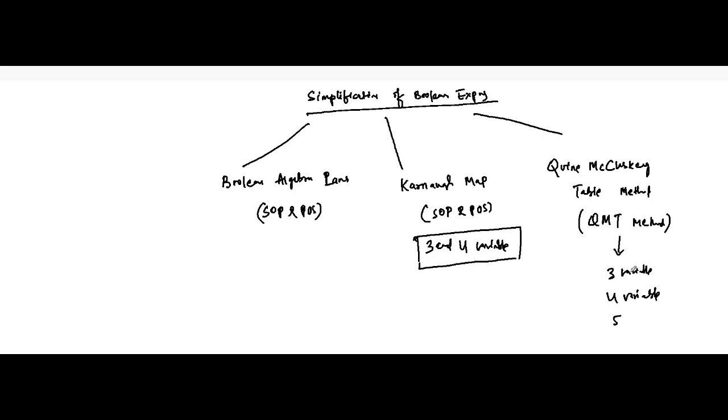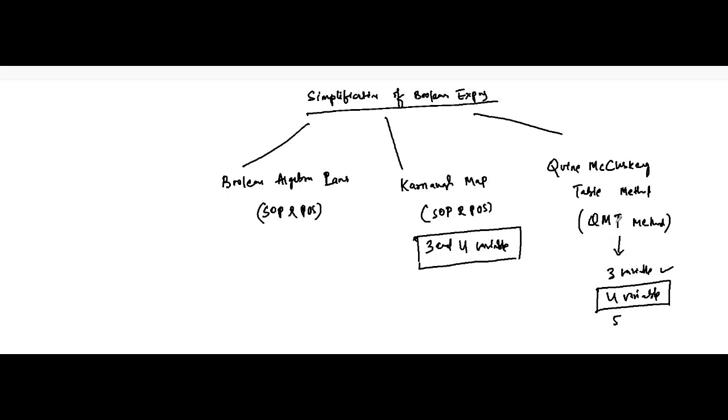So why am I starting with 3 variable? Because if I directly go to 5 and 6 variable using Quine-McCluskey, then you will get confused. So we'll start with the basics, the 3 variable. We'll discuss 2 or 3 questions. Then we'll discuss the majority of questions on the 4 variable QMT method.